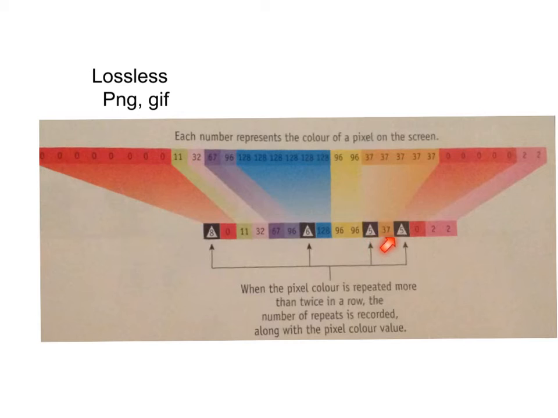Here we've got 5 pixels of that orange, and then 5 pixels of that red again, and then 2 pixels of the pink. And again, we don't represent this as 2 lots of that pink because that's the same amount of data.